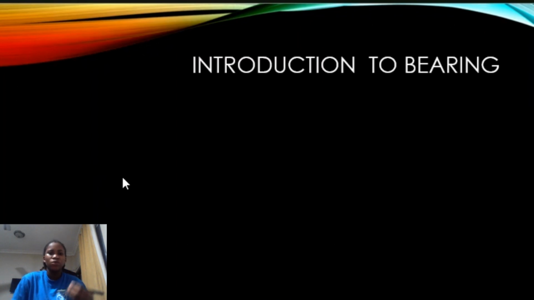In relation to that, when we bring it to physics or math, bearing is just an angular representation of direction. It mainly focuses on what direction.